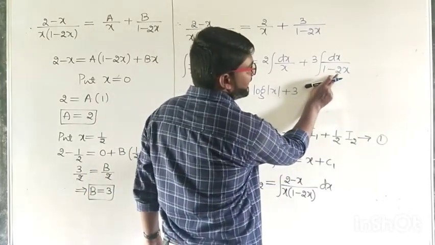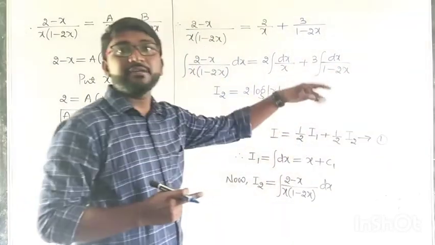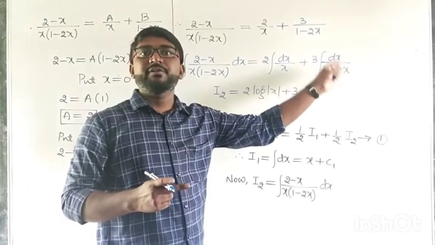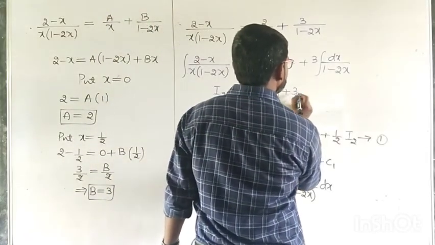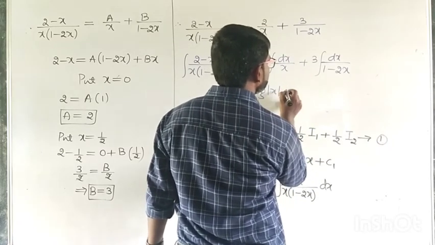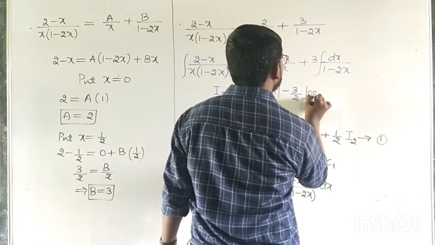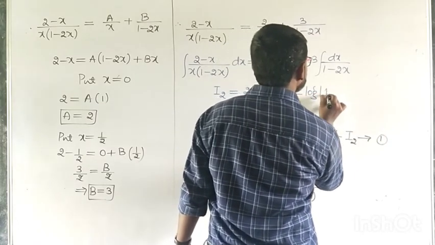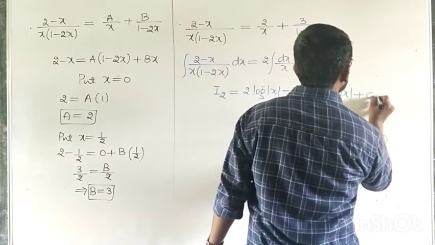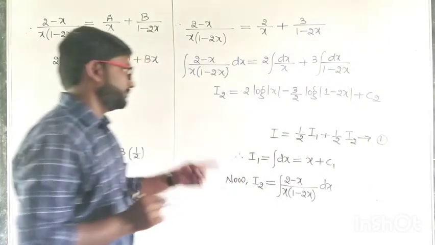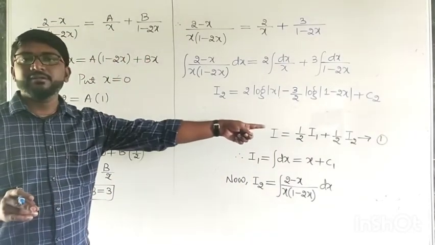What is the coefficient of x now? It is minus 2. So we have to divide by minus 2. In integrals we divide, in derivatives we multiply by the coefficient of x. So it is minus 3 by 2 into log (1 minus 2x) plus C2.